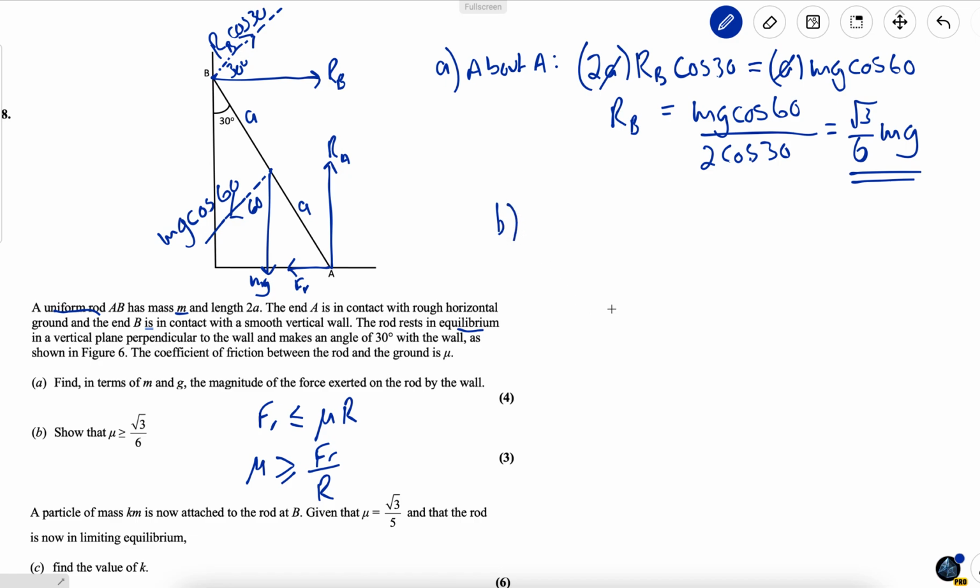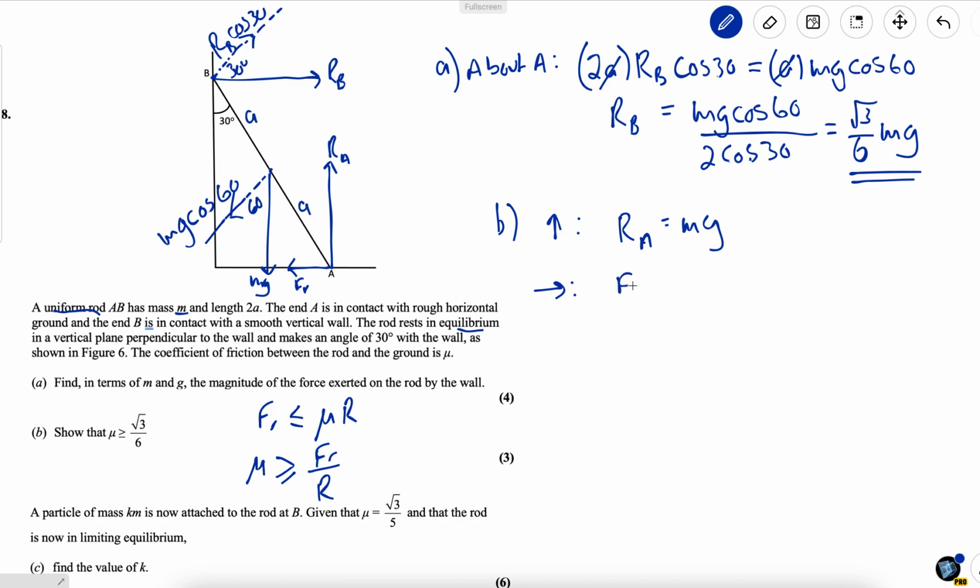So first of all, I'm going to resolve vertically, because I could take moments, but I've noticed that there's a vertical force here and another vertical force here. They're the only vertical forces, so they must balance. So RA equals mg. And as well, horizontally, there are only two forces, friction and RB.